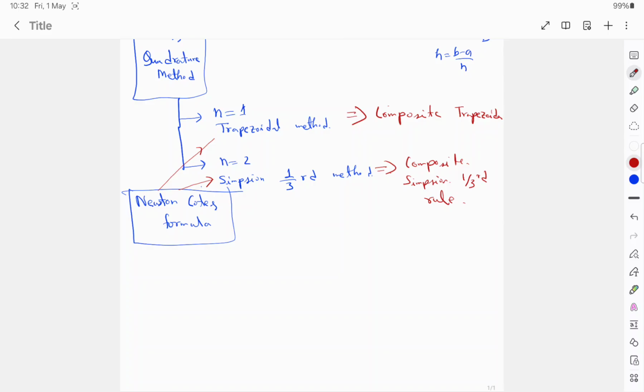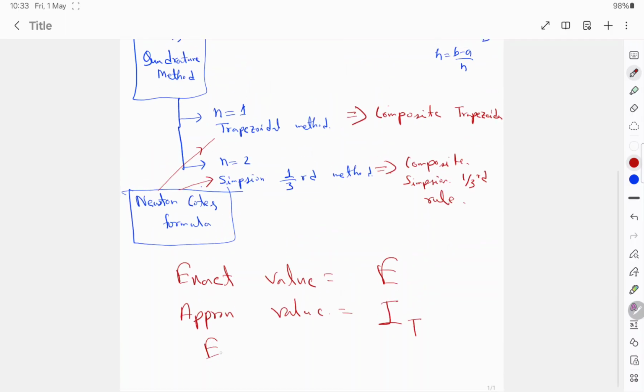So the exact value is E, and the approximate value using whatever method you are using, we will denote by I. Sometimes for Simpson I will write it one way, for trapezoidal another.